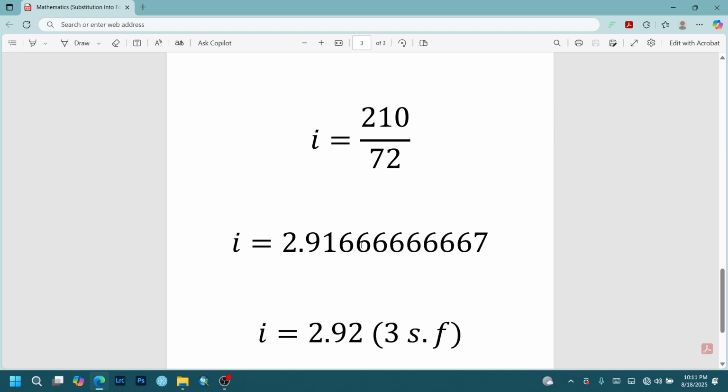So they will carry on 1, and when they carry on 1, they add this 1 to the 2.91 here to become 2.92. That's how come we have our I to be 2.92 as our three significant figures, okay?